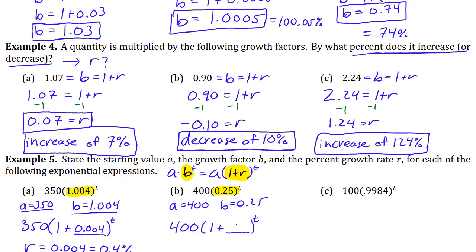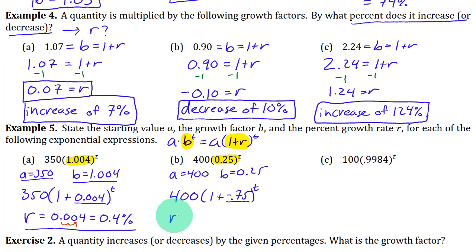Well, whatever this r is, it's going to be 0.25 minus 1, which is negative 0.75. So 1 plus negative 0.75 is the same as 0.25. So yeah, that means the r here is negative 0.75. So it's a decrease of 75% every time t goes up by 1.